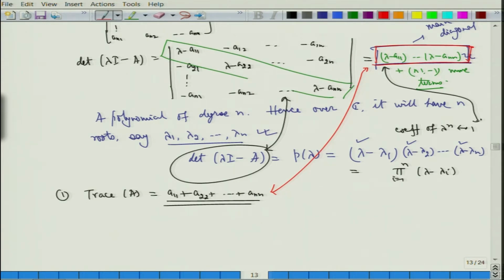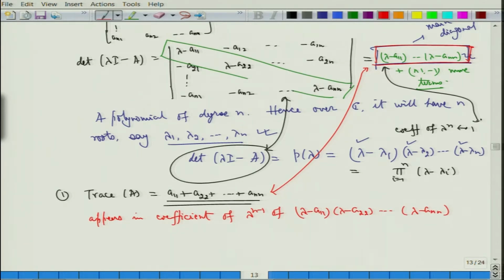Look at coefficient of lambda to the power n minus 1. So, this appears in coefficient of lambda to the power n minus 1 of lambda minus a11, lambda minus a22, so on till lambda minus a n. All right, fine.